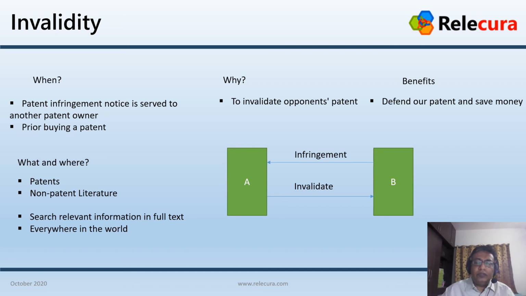So in this process, we search for patent documents and non-patent literature, and we look for information in full text everywhere in the world. It's a very important search, and sometimes very difficult also, because invalidating a patent is most of the time very tough, because we have to prove that we came first.